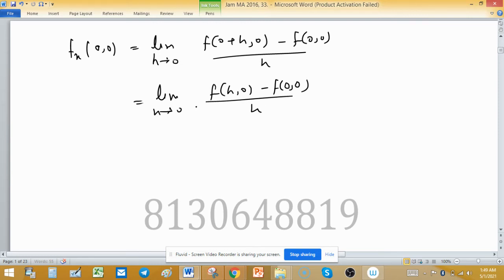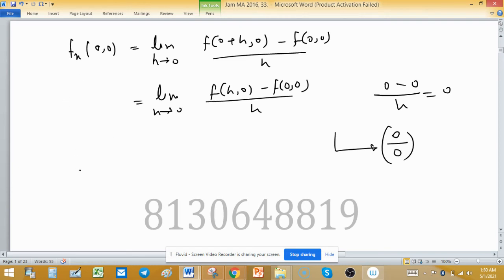As h tends to 0, it means h is neither positive nor negative. So by the structure of f, as we explained earlier, this is 0 minus 0 upon h, so 0. Never understand this as 0 by 0 format, because we obtain 0 by 0 format only after putting the limit. But without applying the limit, we have 0. So the final limit is 0.